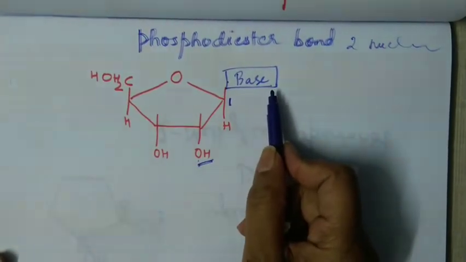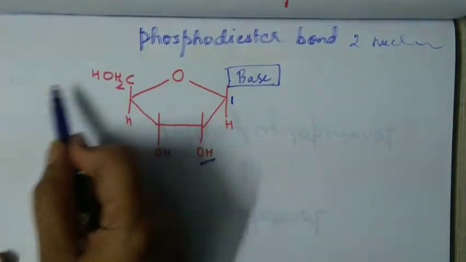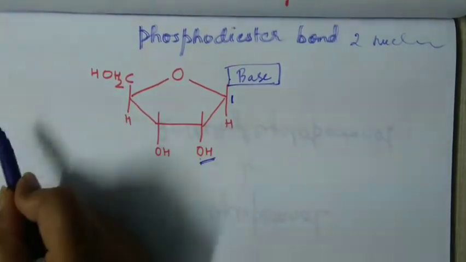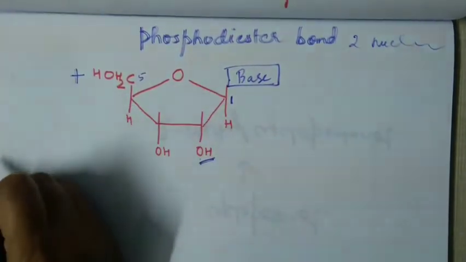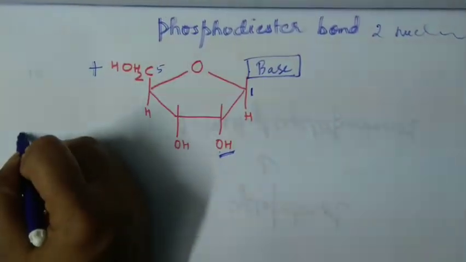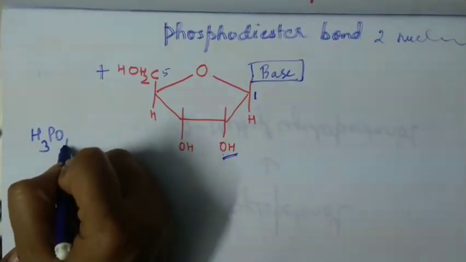Okay. So we'll concentrate on how the bond between phosphoric acid and this CH2O group is formed. So this is our fifth carbon atom. It reacts with phosphoric acid. So what is the molecular formula of phosphoric acid? H3PO4.